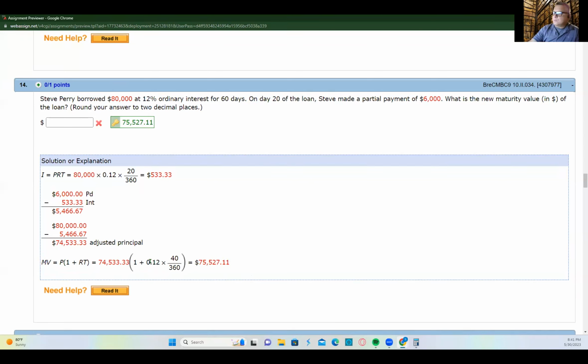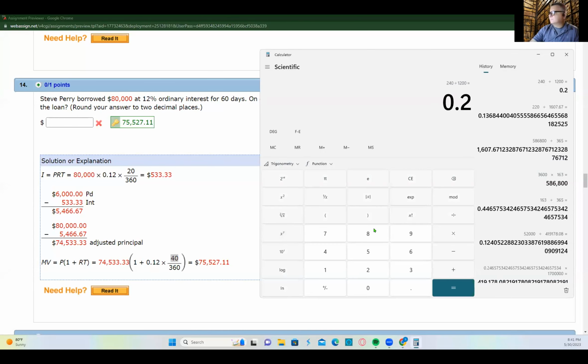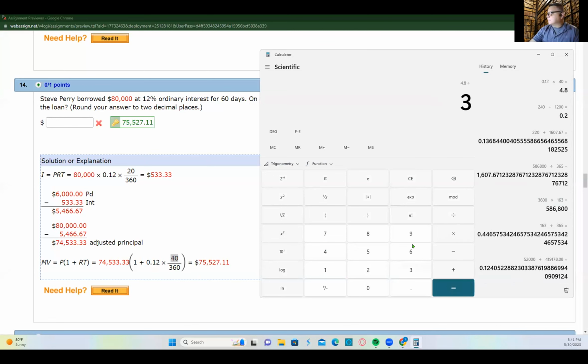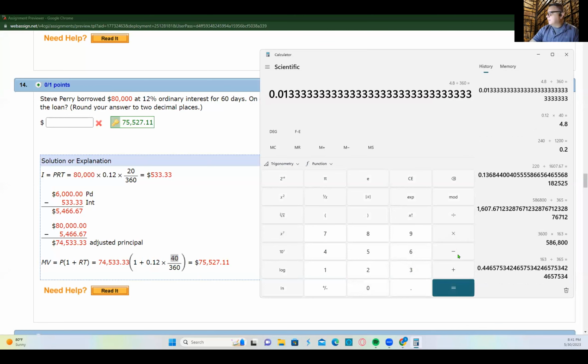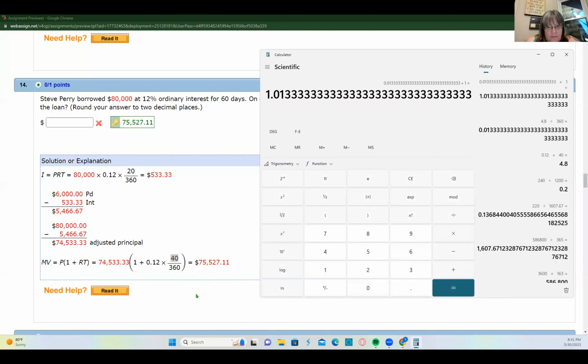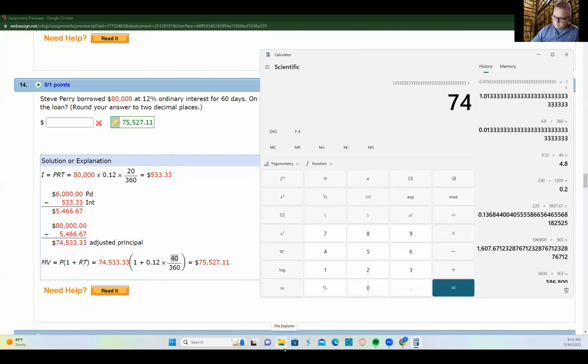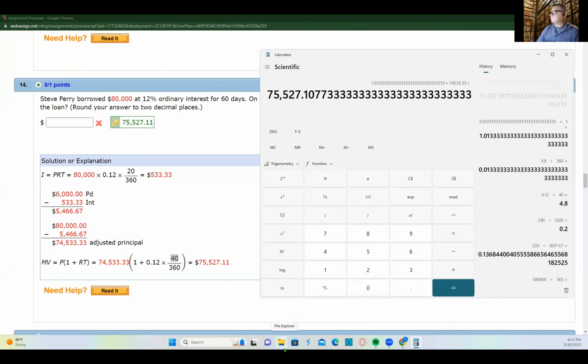What you have to do is the 0.12 times 40 divided by 360. Then I'm going to add 1 to that. So that gives me 1.01333333. And then you're going to multiply that times 74,000, which gives 74,533.33, 75,527.11.